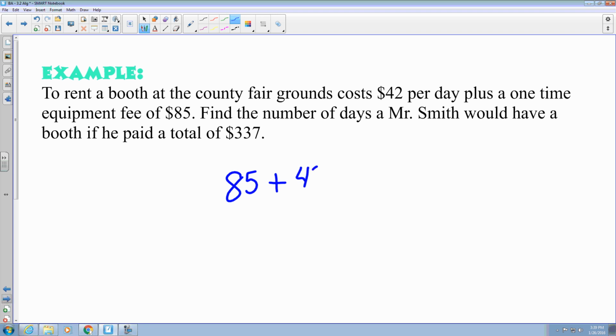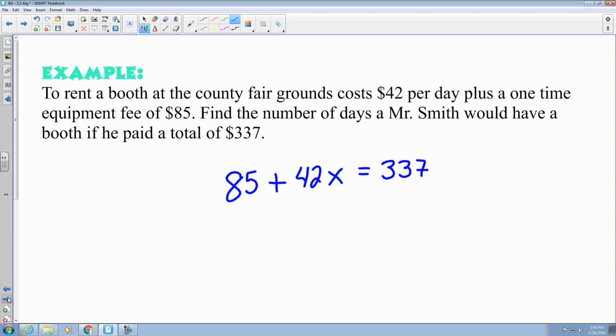So $42, but we don't know how many days it was, so I'm going to make that my x. x represents the number of days Mr. Smith had rented a booth at the county fair. And it says in the problem that he paid $337. So we know he paid $337. We just don't know how many days he was there at the county fair.